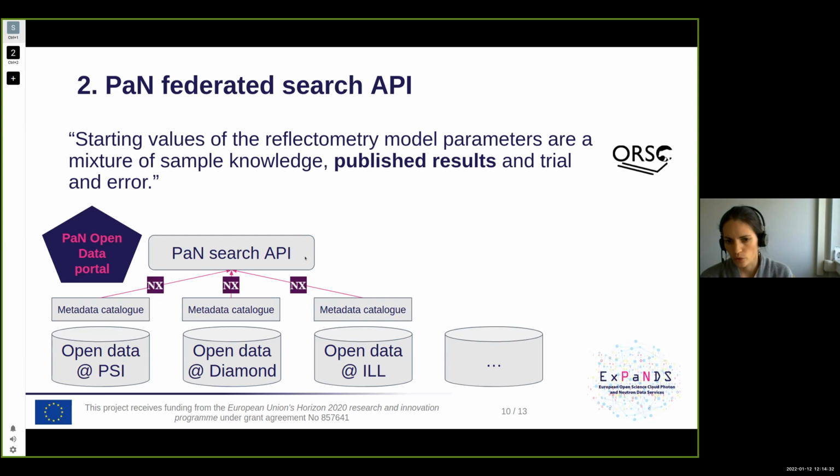And since it is developed by the PaN community, it understands the Nexus format, which makes the search features much more efficient.